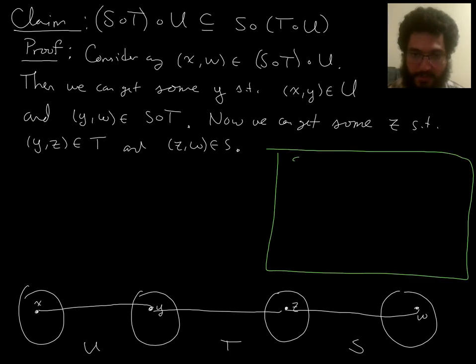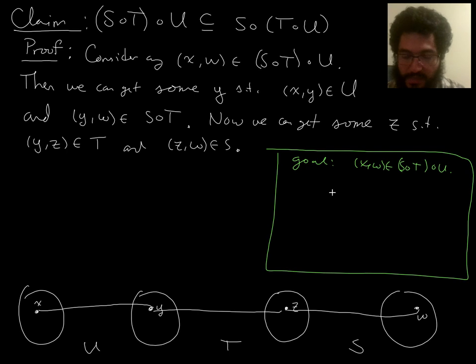So let's do goals in green. Goal: XW is in there. So that means I want to find a middleman for this kind of membership in a composition.